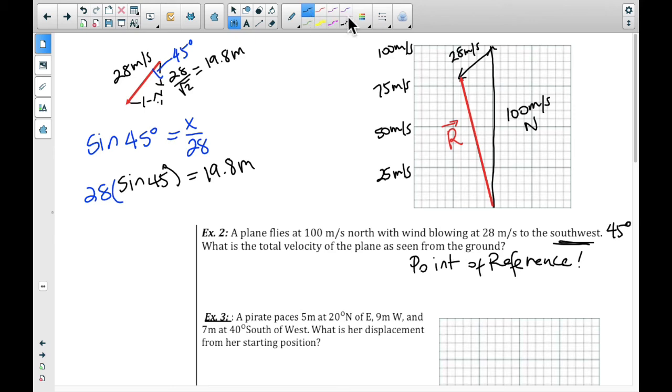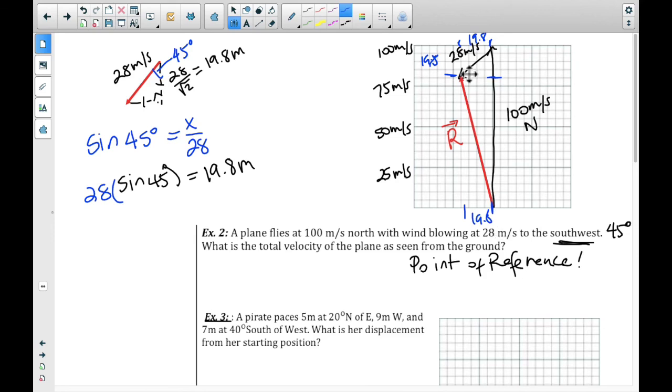Okay, that's important because what we can now do is say that from here to here is 19.8, and from here to here is 19.8. So each of these pieces is 19.8. Now let's bring this down to the outer triangle. I know that this is 19.8 from here to here.